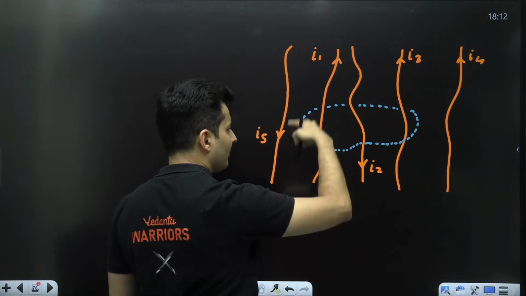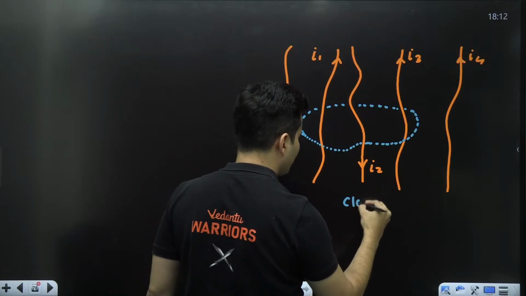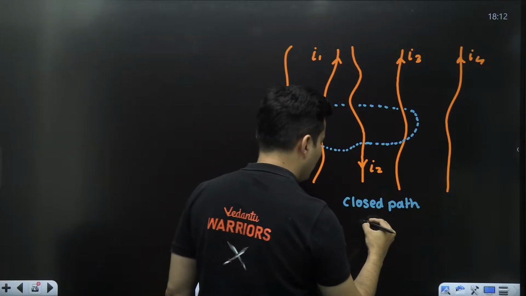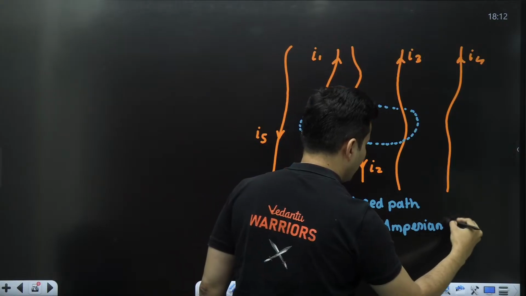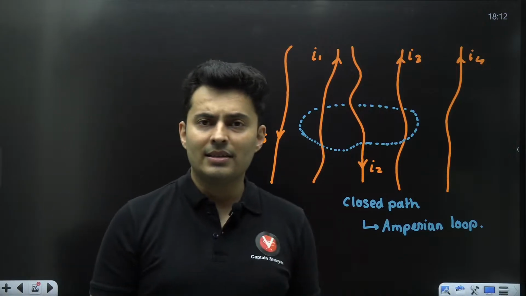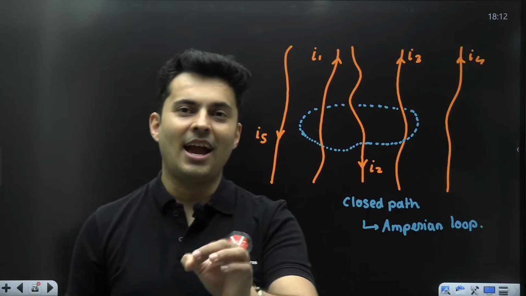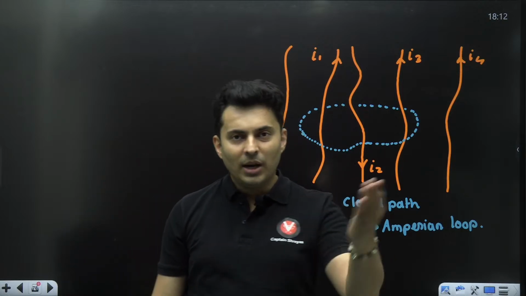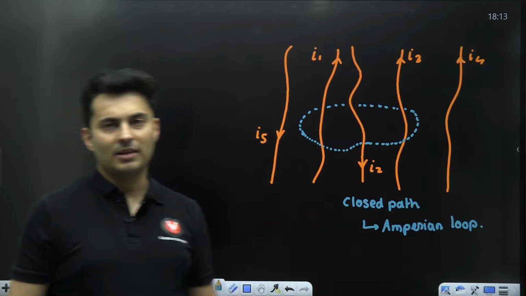As you travel and come back to the same point, this entire closed path, any such closed path, is also called an Amperian loop. So if a dog runs and comes back to his owner, the path which the dog takes is called an Amperian loop. You go to school and come back to your house, that complete path which you have taken is again an Amperian loop because you have come back to the same point.